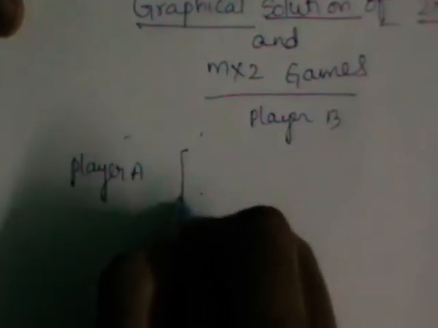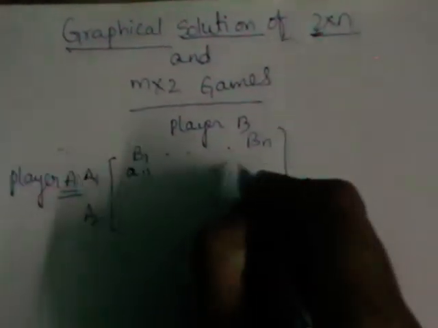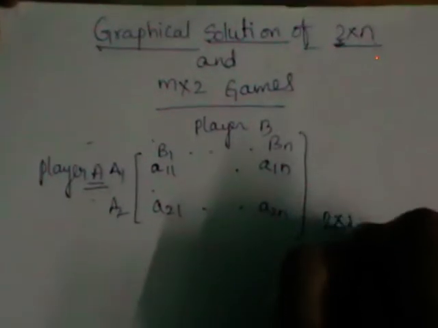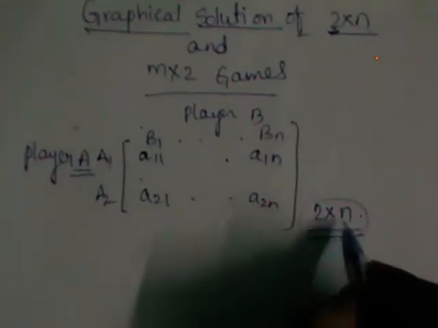Whenever you have only two strategies for the first player, you are going to have A1 and A2, which stands for the number of strategies of the first player. This stands for the number of strategies of the second player. In such a case, you are going to get a payoff of order 2 by n.